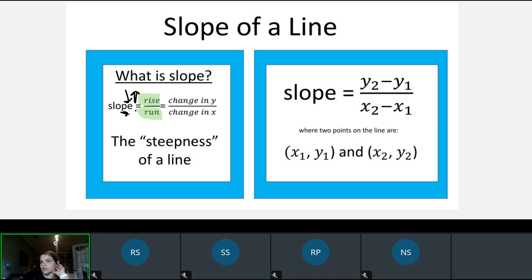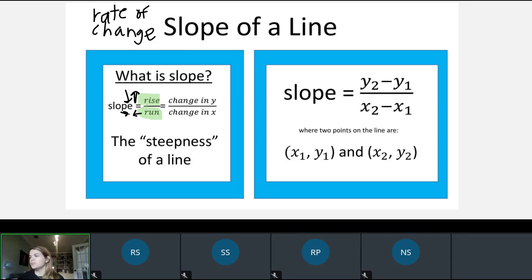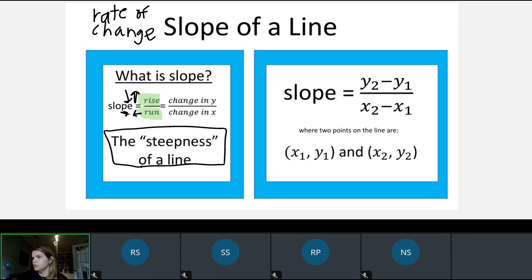And then run, how much does it go left or right? Sometimes in a word problem, it will say, what is the rate of change? That is the same thing as slope. So rate of change is another way to say slope. It's the change in y values divided by the change in x values. What does slope do? Slope is what measures the steepness of a line. So how fast or slow we are increasing or decreasing.